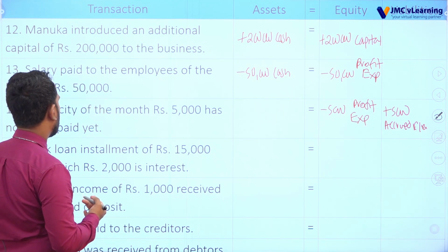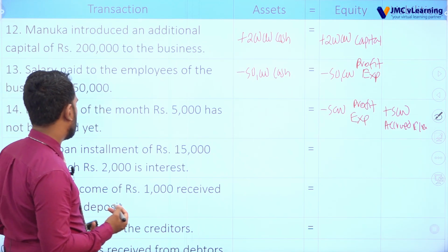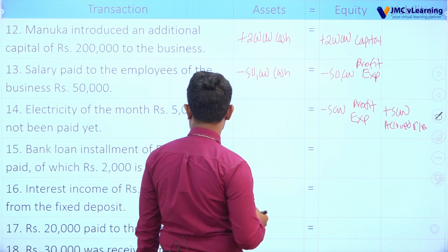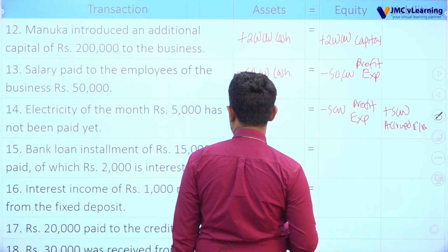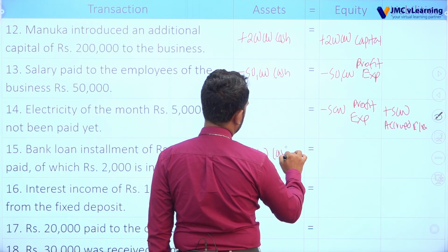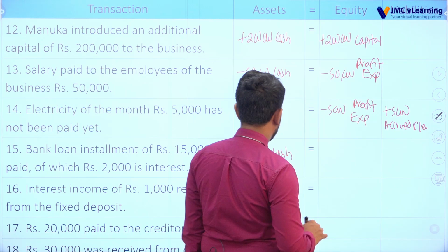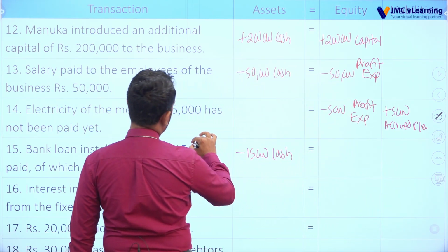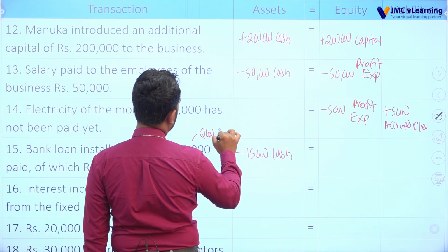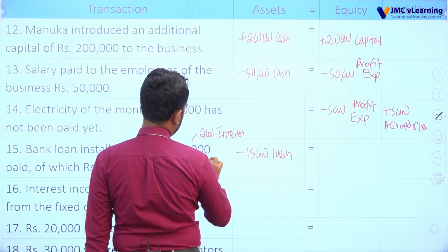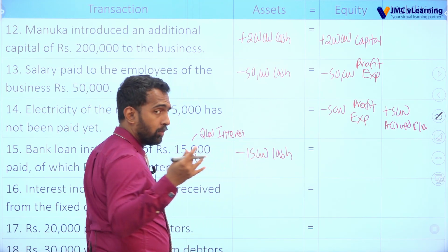Bank loan installment of rupees 15,000 paid, of which 2,000 is interest. Okay, so the bank loan installment you are paying 15,000, 2,000 is interest. When you are paying, definitely the cash will come down. And the exact repayment of the loan, you are paying 15,000. Of this 15,000, 2,000 is for the interest, which is an expense. No, interest of the bank loan is an expense. That is for the passage of time, you have to pay something.